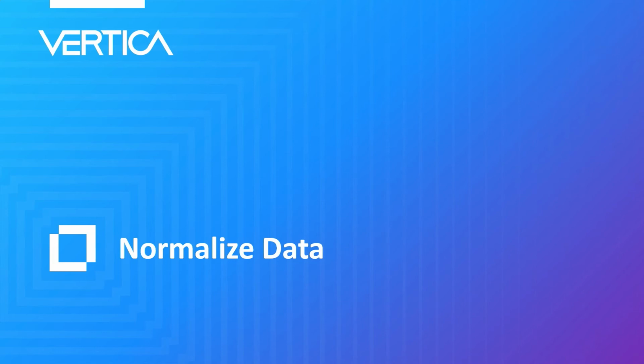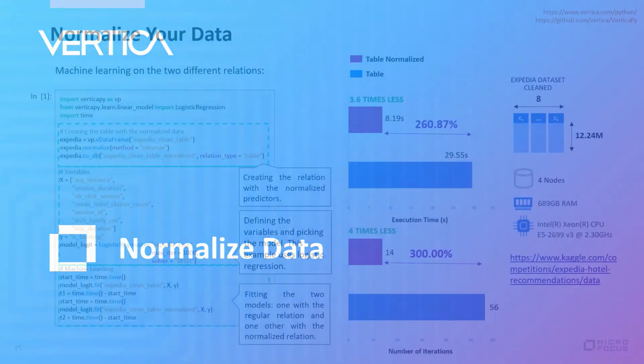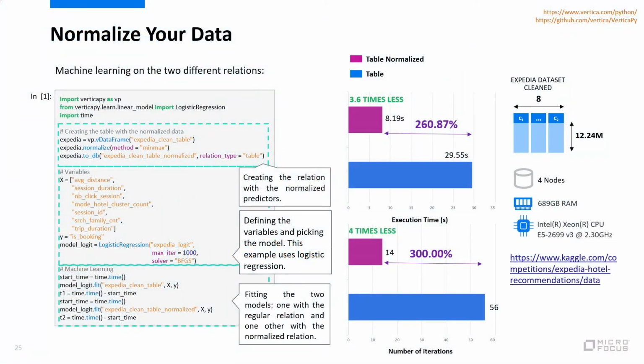Plus, if I do not normalize, I keep the range of my variables, so it's easier to understand in a way. But normalizing the data means that you will do fewer operations when using some machine learning algorithm. Here I'm using logistic regression, which at each iteration is trying to find an optimal value.